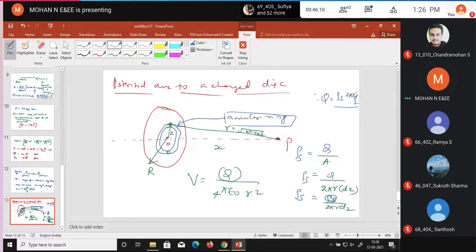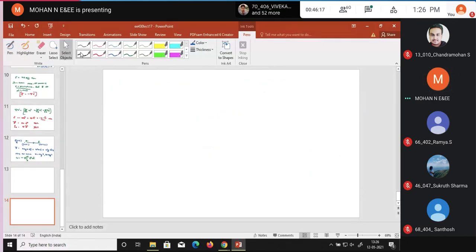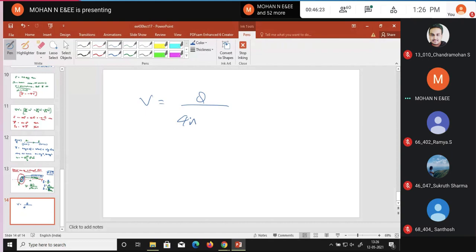Using this expression in the potential expression, you might solve for it. V is equal to Q by 4 pi epsilon naught r square.